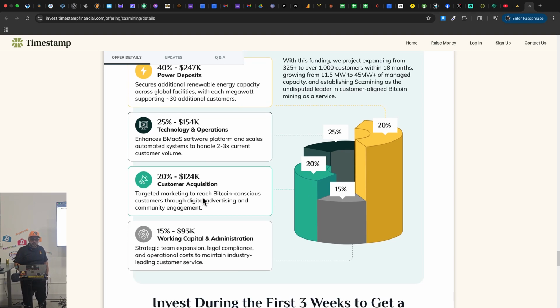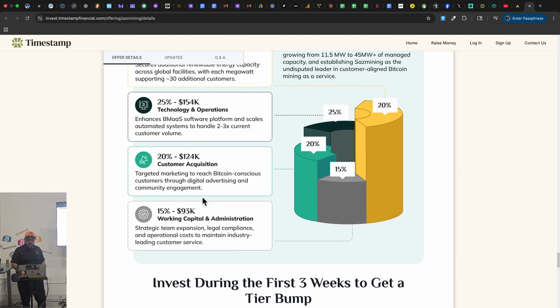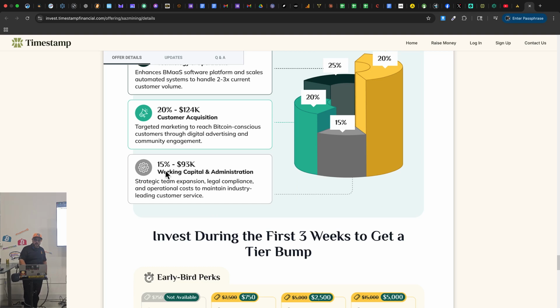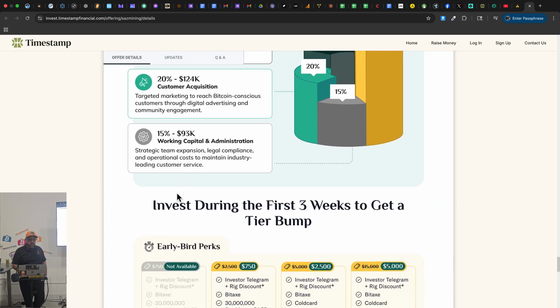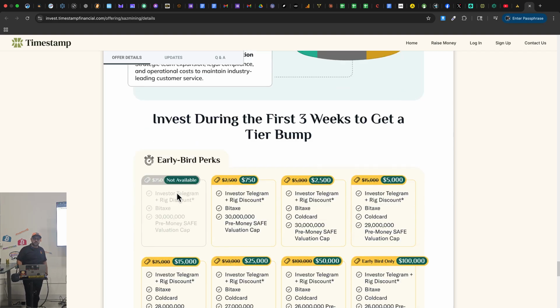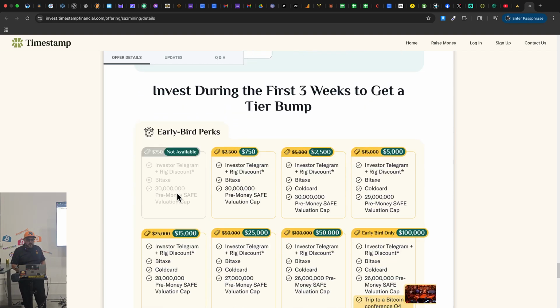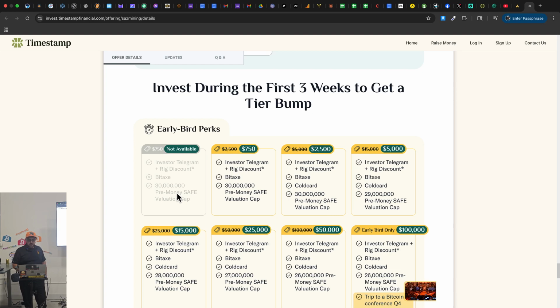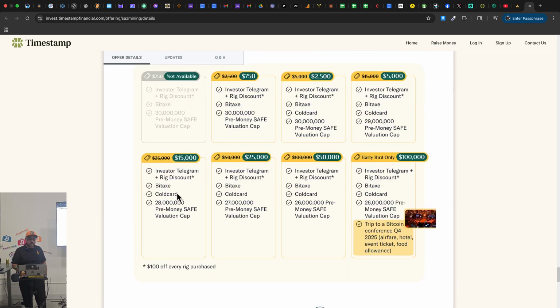Technology and operations will take 25% to enhance the Bitcoin mining as a service software platform, and to be able to scale their systems and handle 2 to 3 times the customer volume which they anticipate. 20% will go to customer acquisition, so the marketing efforts to reach Bitcoin conscious consumers, different advertising routes, digital and community engagement. And finally, the remaining 15% will be going towards working capital and administration. So for the team, legal, all the back end stuff that requires running a business.